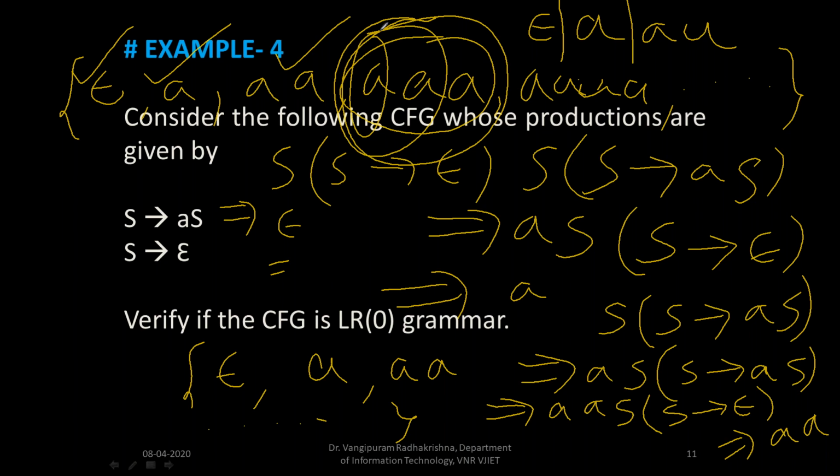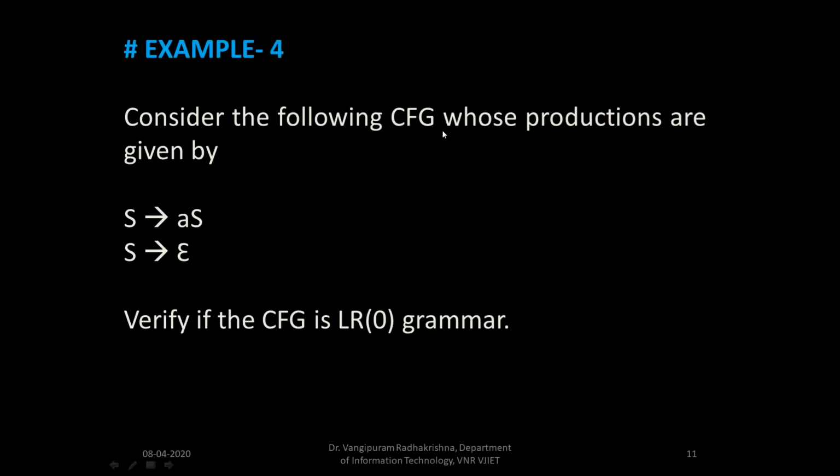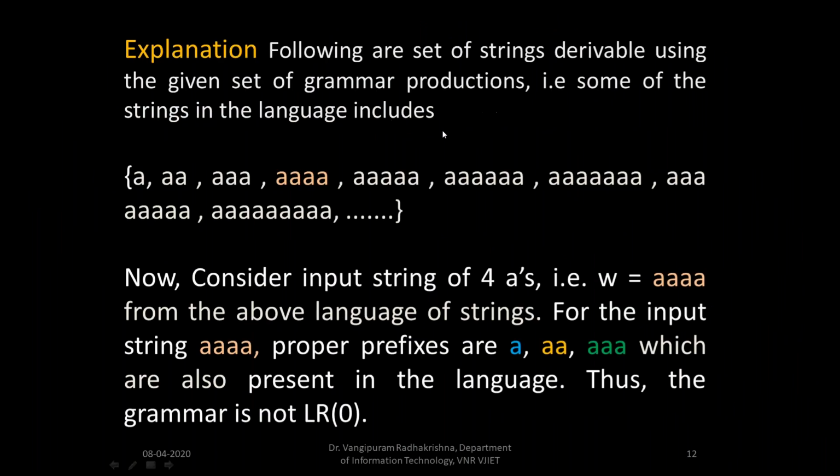So if you have one or more prefixes of a randomly chosen string present in the given language, then you can directly conclude that the given language is not an LR0 language, or alternately, the context-free grammar which was used to generate the language is no more an LR0 grammar.